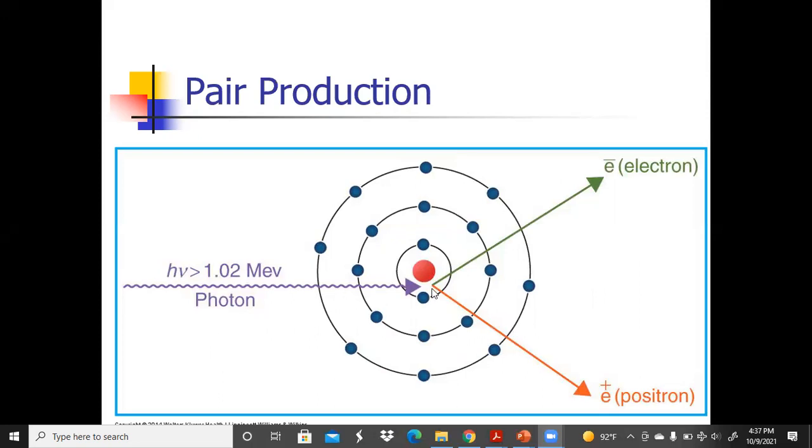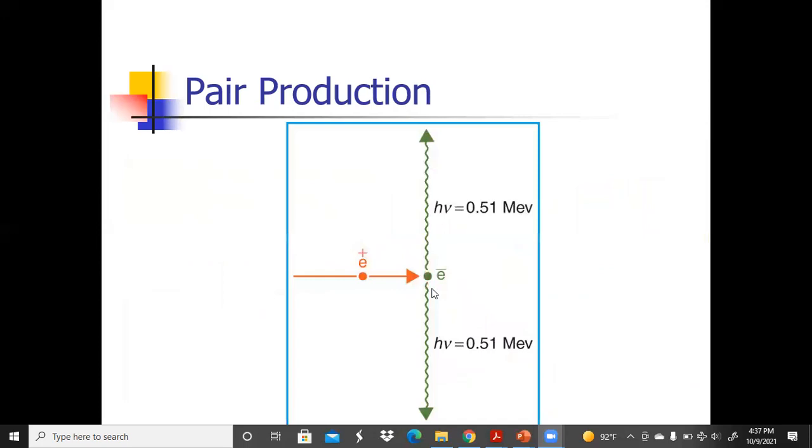So you've got it coming in here, and then all of a sudden, boom, you have an electron and a positron created here. That is pair production. Notice you're not seeing any of the electrons in the atom affected by this. What you are seeing here is the creation of matter out of this. That's kind of weird, but that's the way it is.